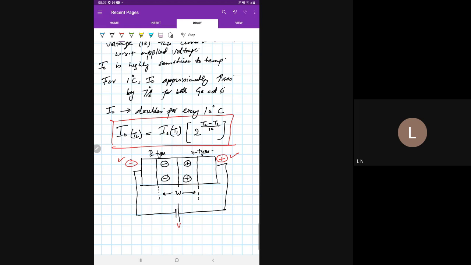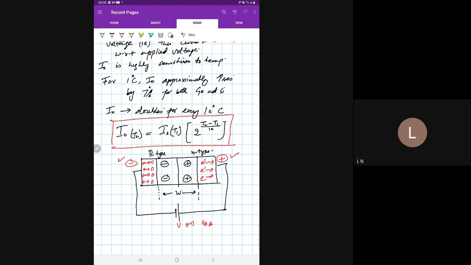And what is the voltage that is applied? V reverse bias. We know that because of this, the holes are majority carriers here. They'll be moving towards the N side, towards the negative voltage applied. So they will move away from the junction. Similarly, we had electrons here. They will also move away from the junction.